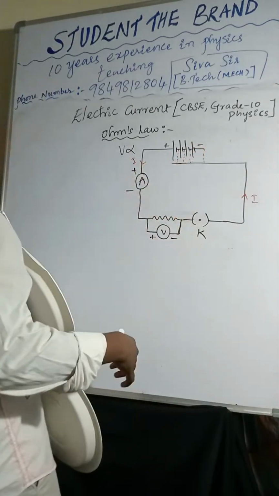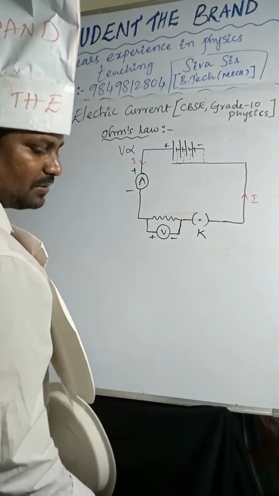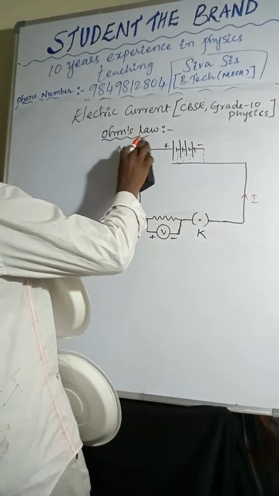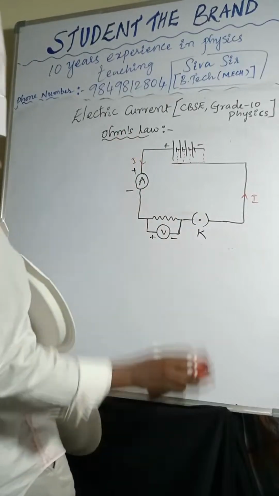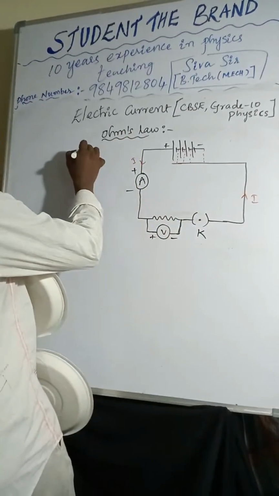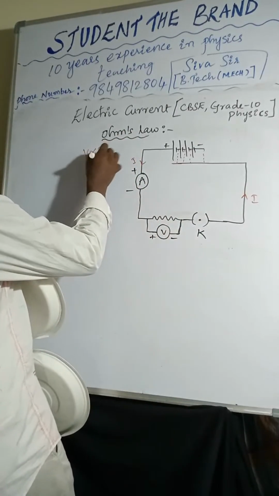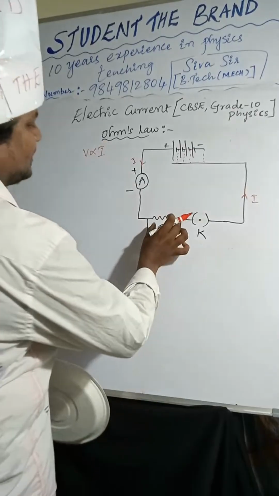Okay. So what is Ohm's law? Ohm's law definition: the potential difference across a metallic conductor. Here you can see this is the resistor.